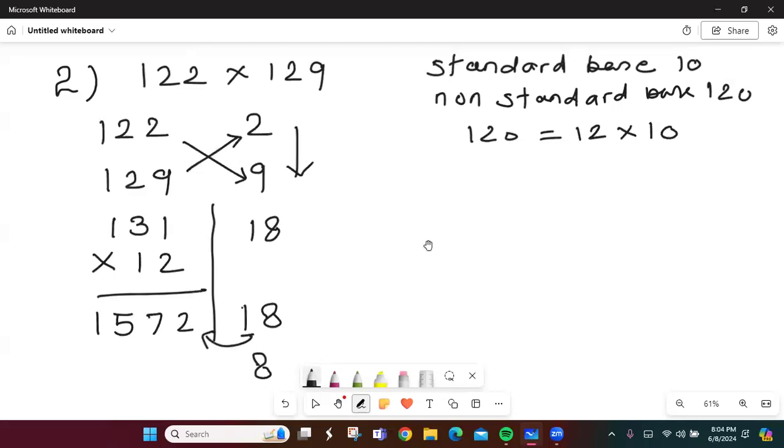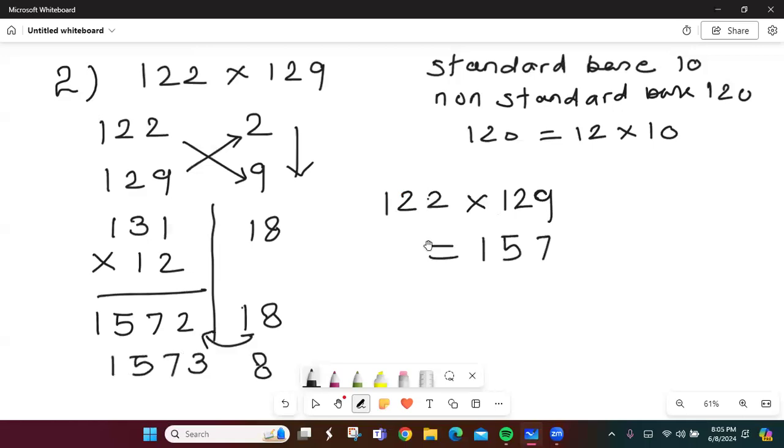I'll add 1 to 1572. That will give me 1573. So the product 122 multiplied by 129, write these numbers together, it will be 15738.